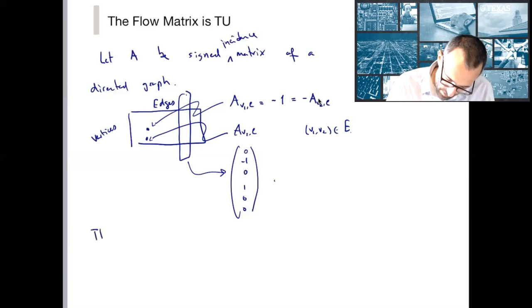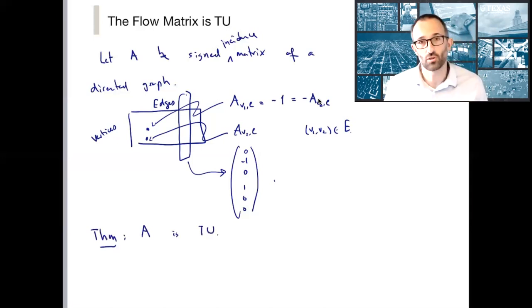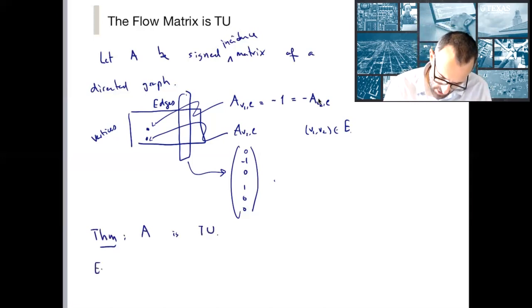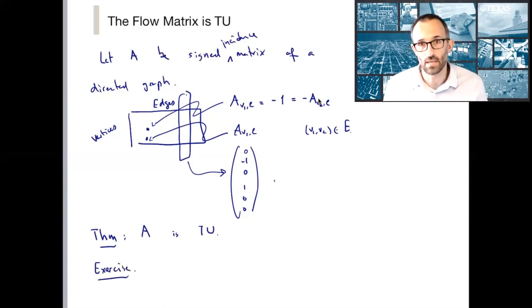So the result is that A is totally unimodular. I'd like to leave this as an exercise for you to do. It's not that difficult, especially if you recall the proof that we gave that the unsigned incidence matrix for a bipartite graph is totally unimodular.